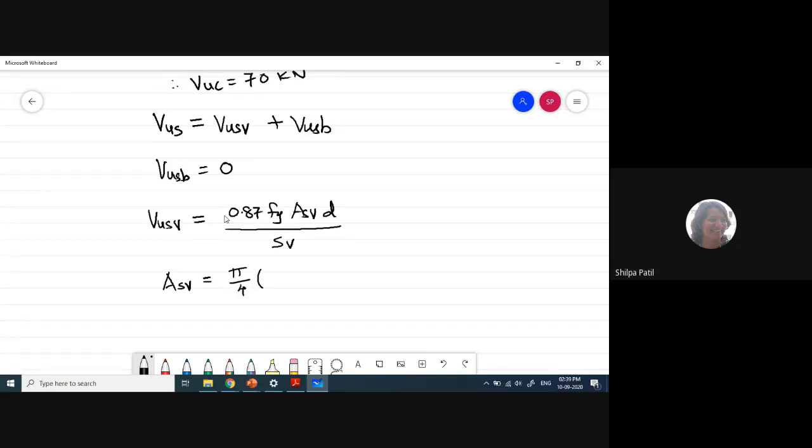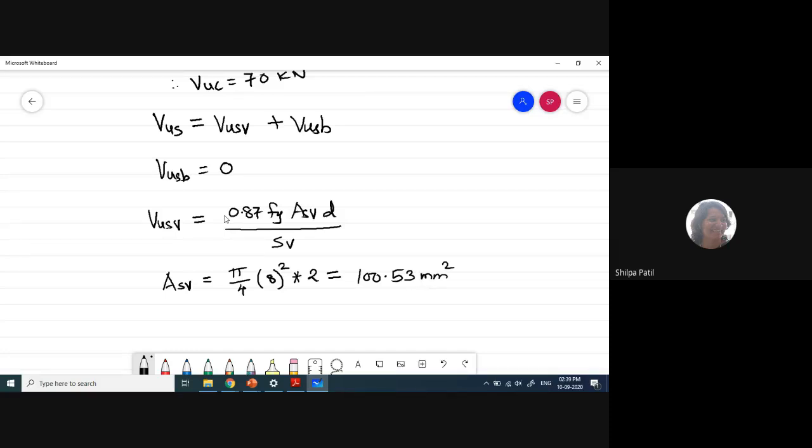What is the diameter of the stirrups? 8 mm. Okay. And it is mentioned that it is two-legged, so multiplied by 2. So what is the value? 100.53. Okay. This is the area.